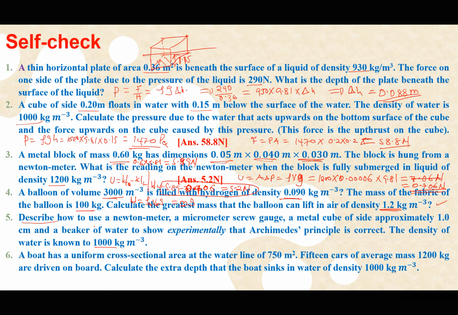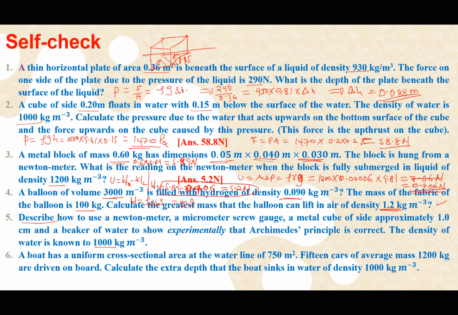Remember, you have to find the weight in air and the weight in water. Then you subtract and see if the weight in air minus the weight in the liquid is the same as the weight of the liquid which is displaced. Of course, the weight of the liquid displaced is the density of the liquid times the volume times g.